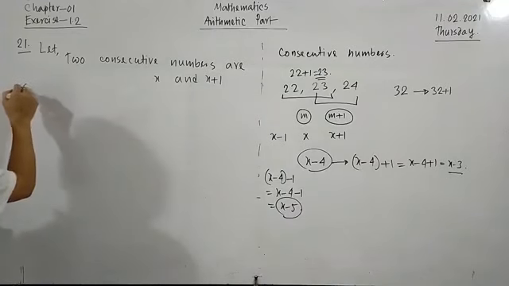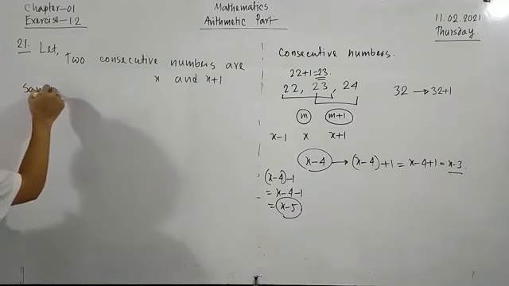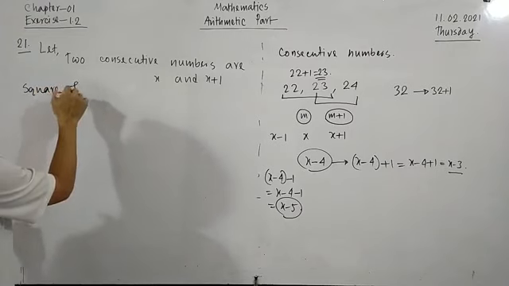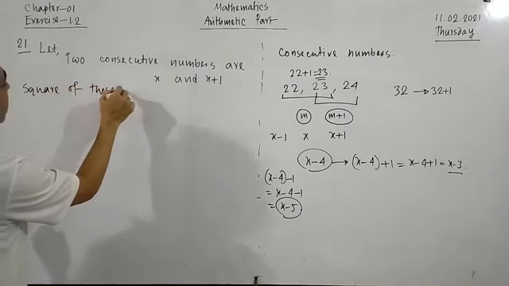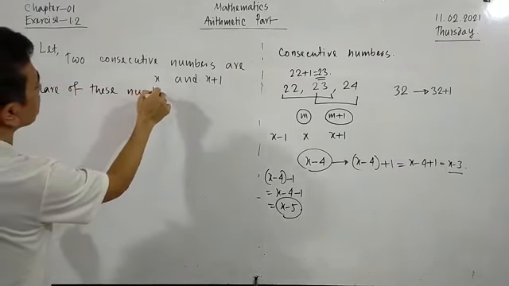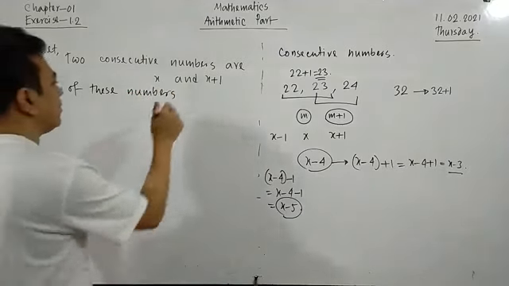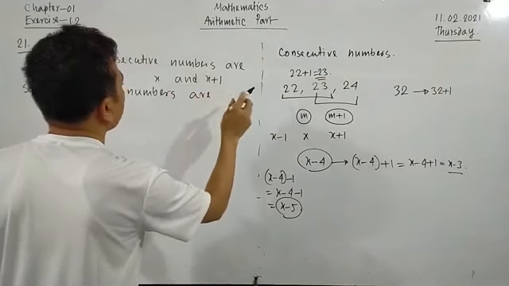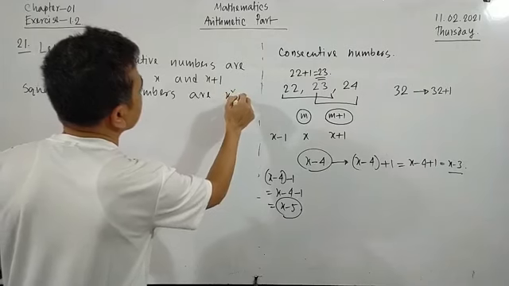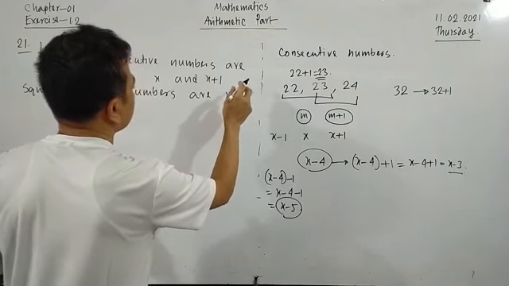The squares of these numbers are x square and x plus 1 whole square.